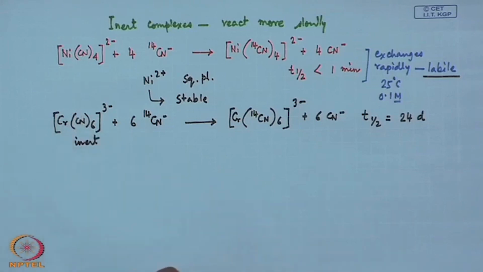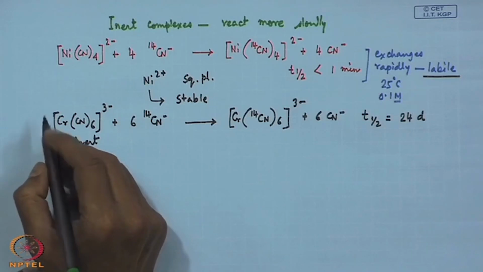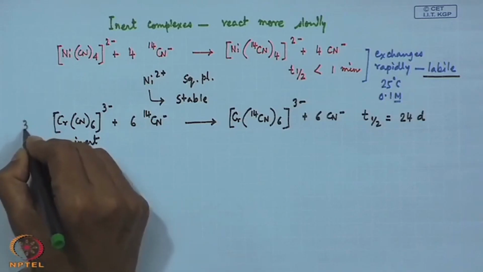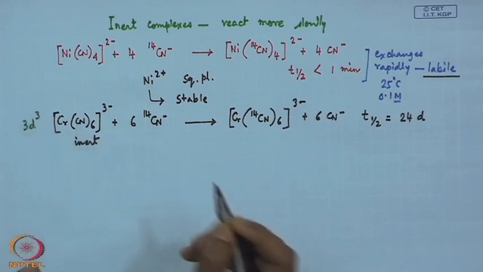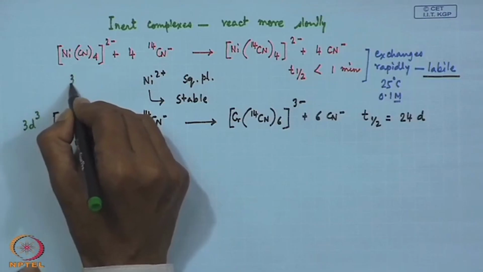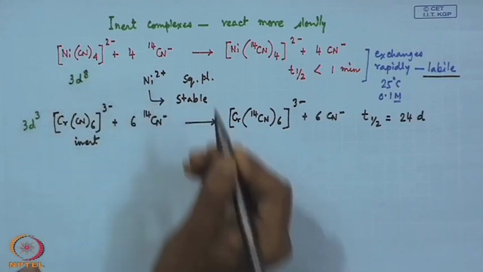inert, and we have seen also that for a particular type of electronic configuration, which is 3d3, here it is 3d8.